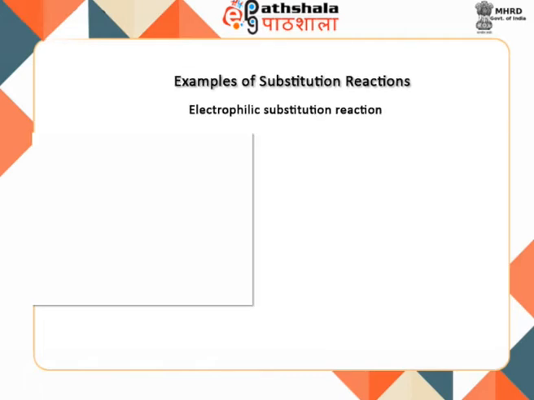You must be knowing that nitration of benzene is an electrophilic substitution reaction. In this reaction, the hydrogen of the benzene ring is substituted by a nitro group. Other examples include bromination and sulfonation as shown here.